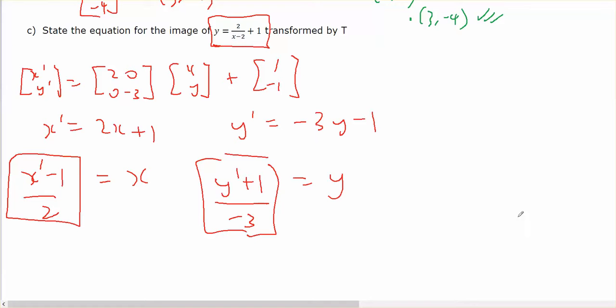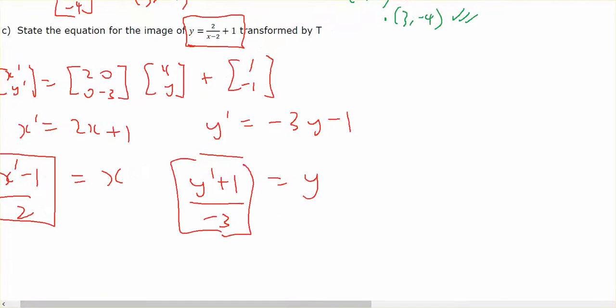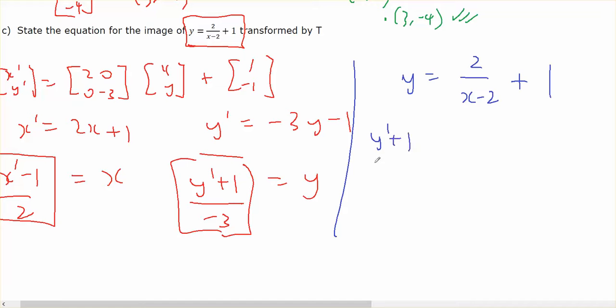So what's going to happen is I started out with y = 2/(x - 2) + 1. And that's going to become (y' + 1)/(-3) = 2/((x' - 1)/2 - 2) + 1.